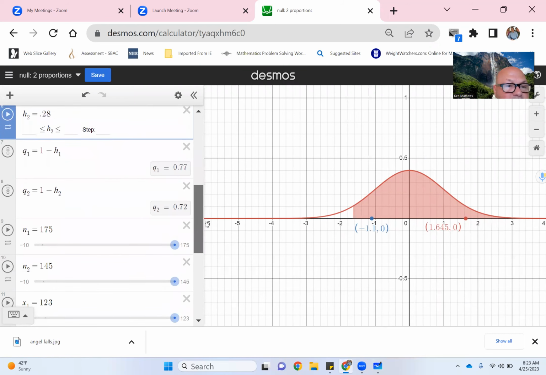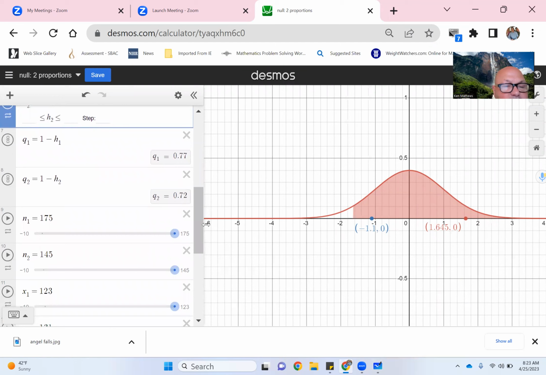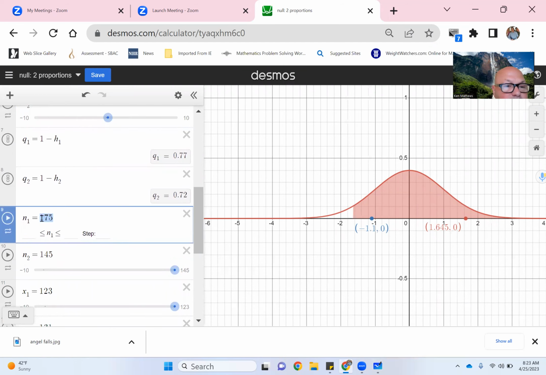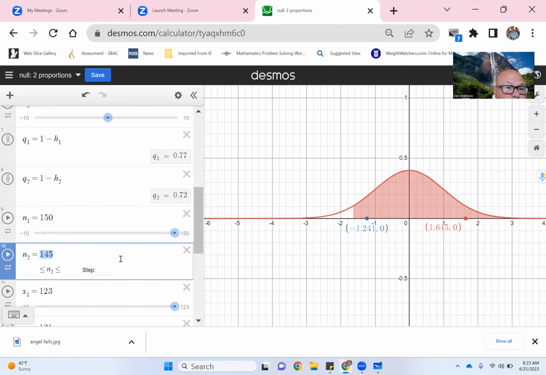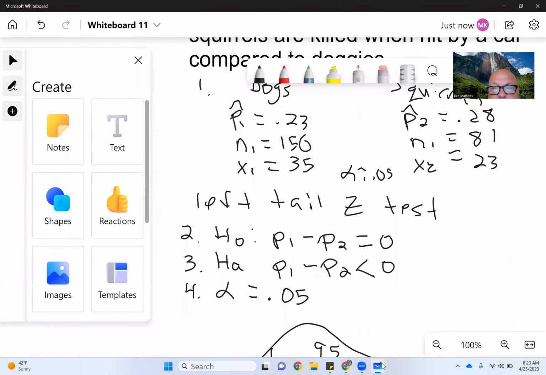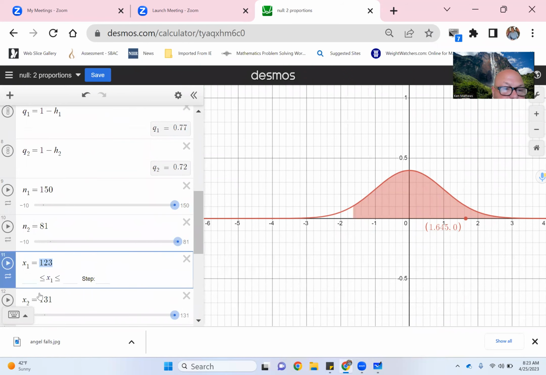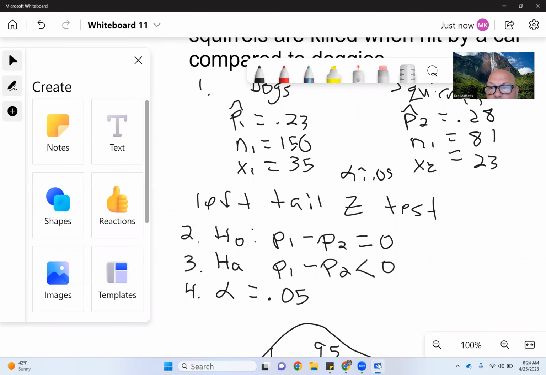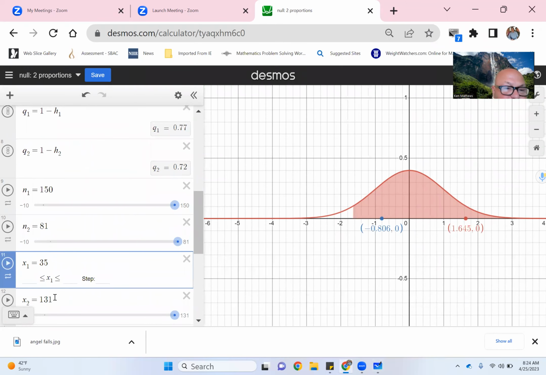The Q1 hat and Q2 hat are done for us. The N value, well, for the dogs, we had 150. And for the squirrels, we had 81. How many dogs were killed? Sadly, 35. How many squirrels were killed? Not so sadly, 23.